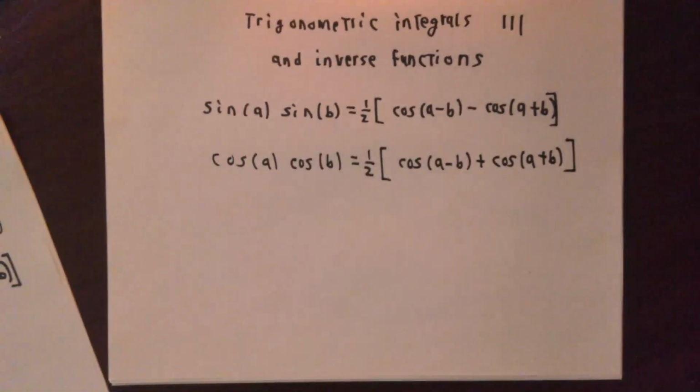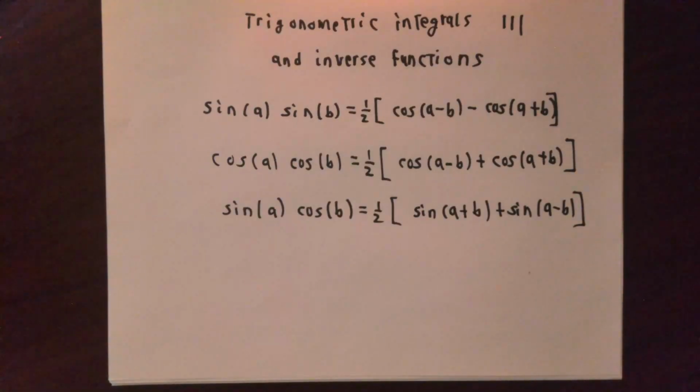There's a similar formula for multiplication of two cosine values. As before, this changes the product into a sum in this case. And lastly, if I have sine of A times cosine of B, we can do something similar with that.